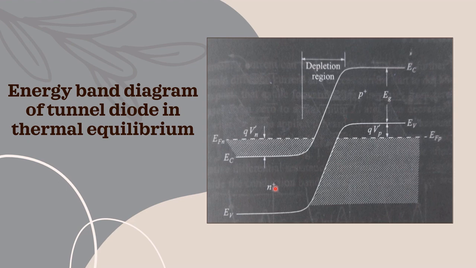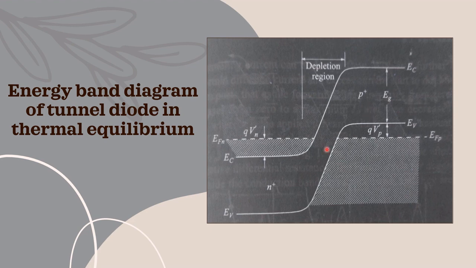So this is represented by the N plus region because it is heavily doped with impurities. That means this is degenerated, and this side is also represented as the P plus region because it is also heavily doped with impurities. This is also a degenerated P plus region.